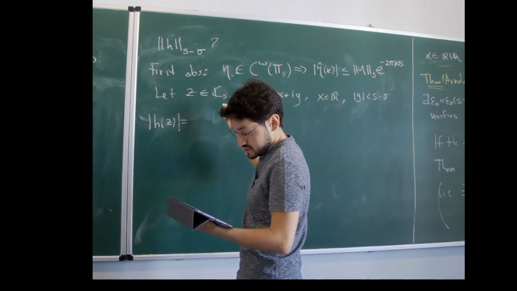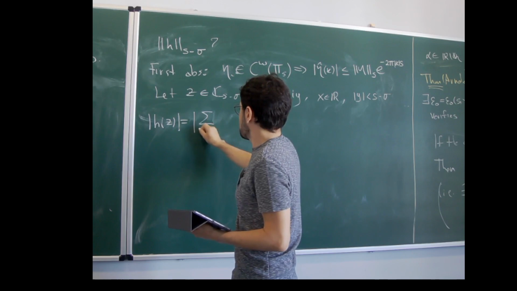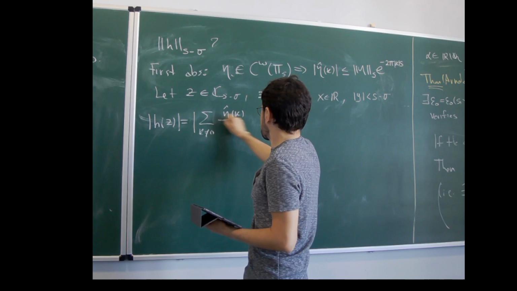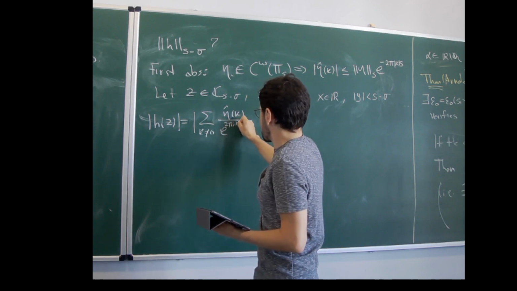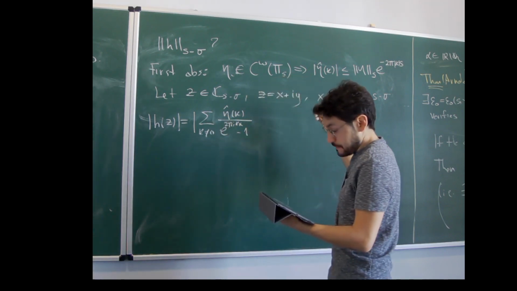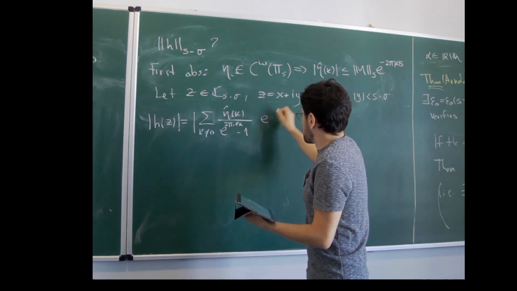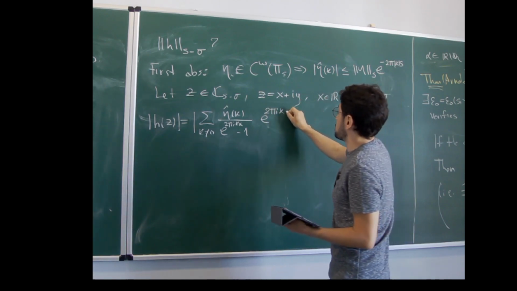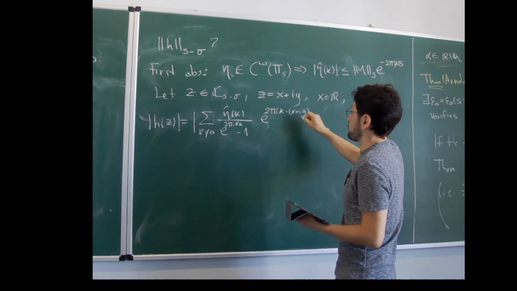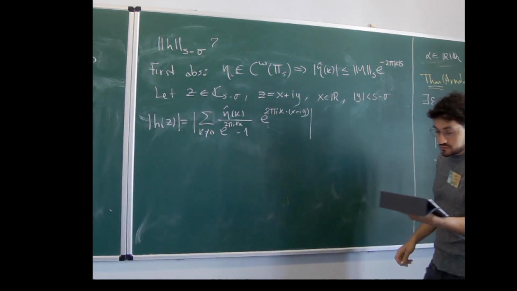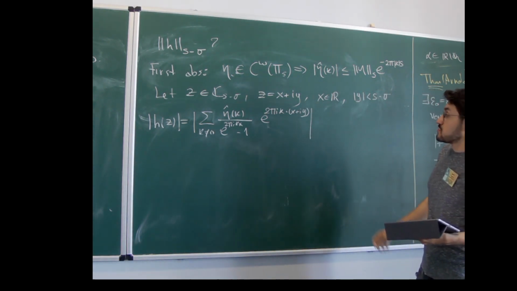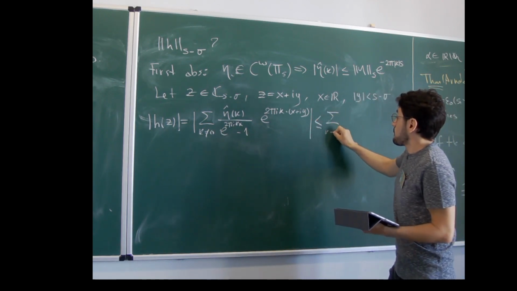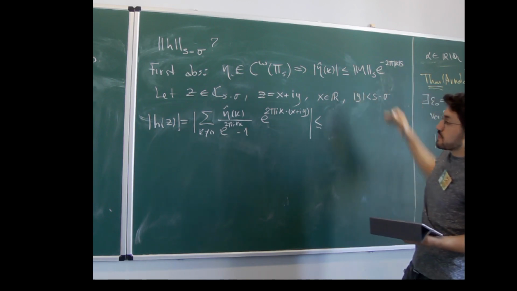So let's start. This by definition is just the sum, k different from 0, of these coefficients, exponential of 2 pi I k alpha minus 1, exponential of 2 pi I k times my point, so my point is x plus I y. Okay, so I can put the absolute value inside, I can make my calculation, and I will already replace by the things I know.